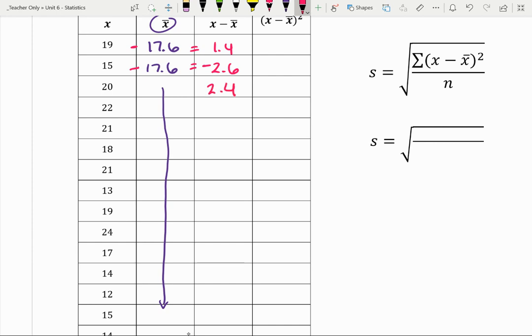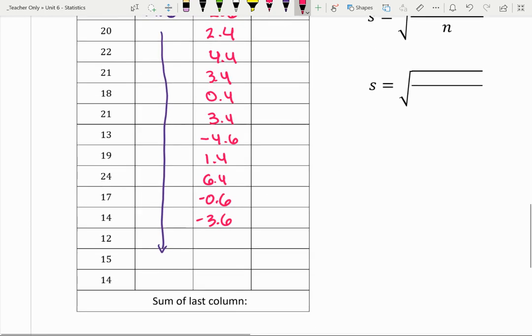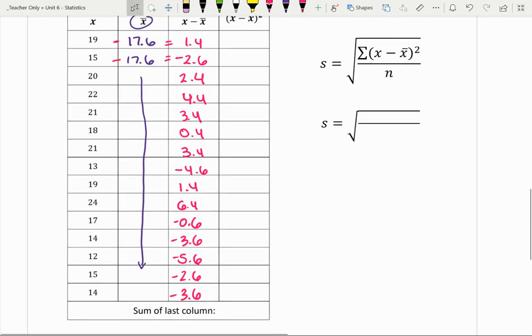So I've got 2.4, 4.4, 3.4, 0.4, 3.4 again, negative 4.6, 1.4, 6.4, negative 0.6, negative 3.6, negative 5.6, negative 2.6, and negative 3.6. So I've got all of my differences there.